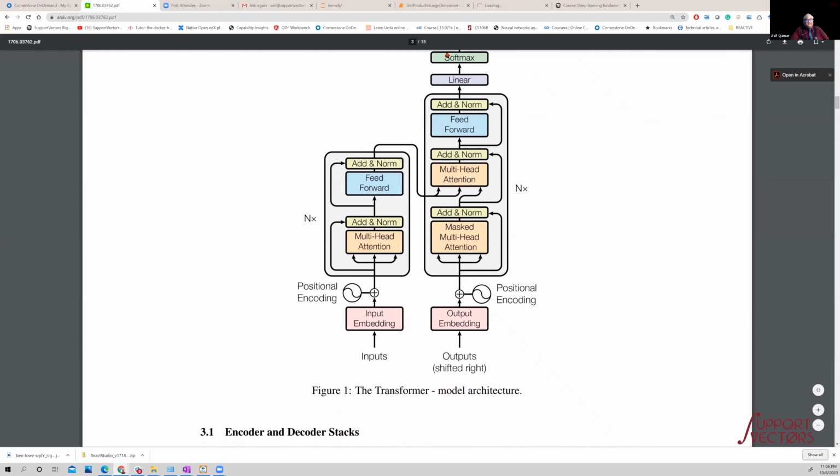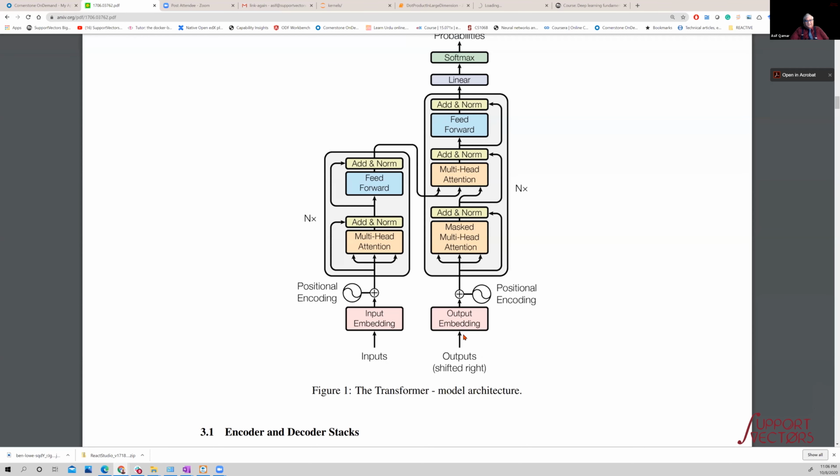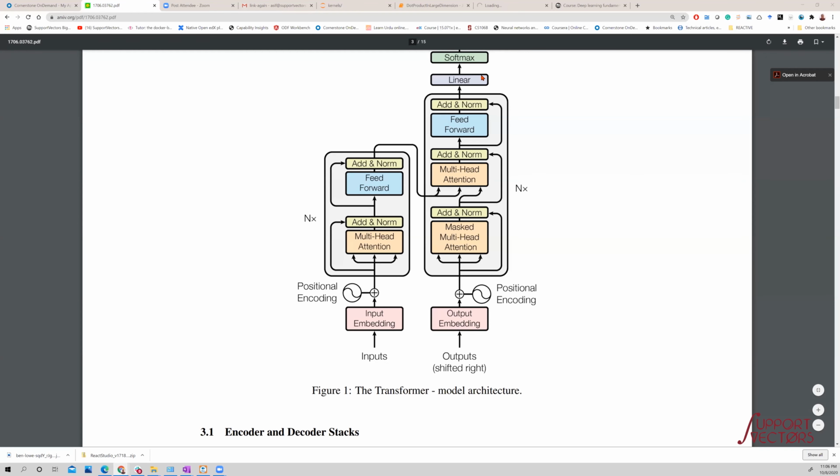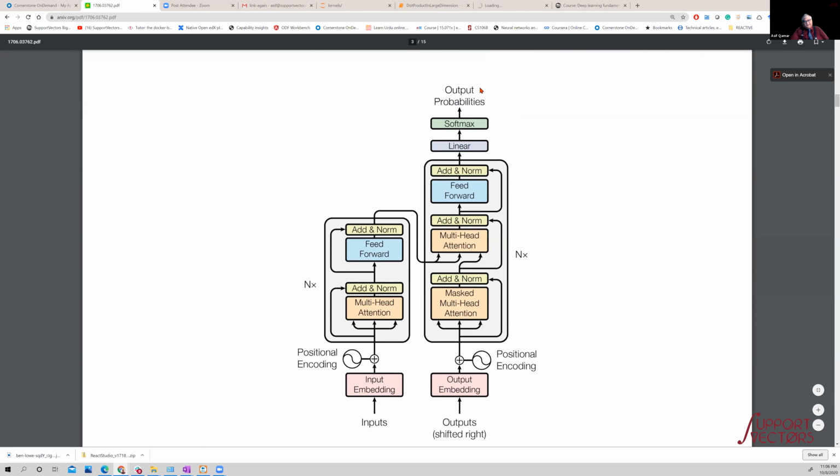It will produce a Hindi word that will get fed back in at this end. To produce the second word, the context of the English sentence plus the first Hindi word together will be the input to the decoder. And that will help it produce the second Hindi word or the second French word.